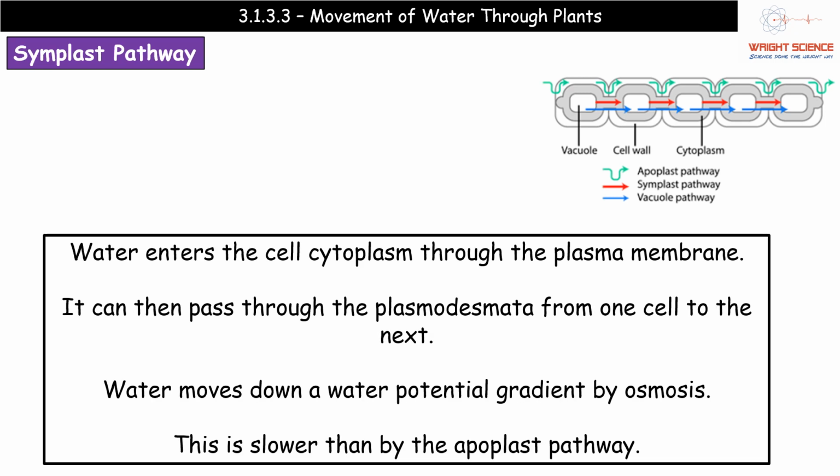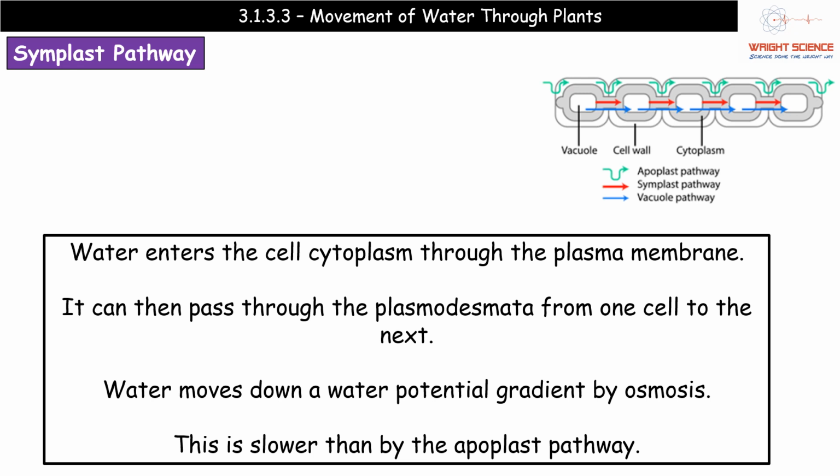So pathway option number 2 is the Symplast pathway itself. And in the Symplast pathway, which are the red arrows on the little diagram in the top right there, this is where the water enters the cell cytoplasm. So in order to do that, it obviously has to cross the plasma membrane.